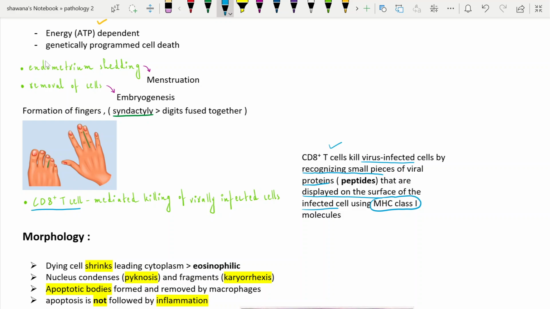These are major histocompatibility complex class 1. It means that those cells which are infected by viruses present viral peptides by using this molecule MHC class 1 on their surfaces, and when they present the viral peptides, CD8 positive T cells recognize them as virally infected cells, and they mediate apoptosis among them.